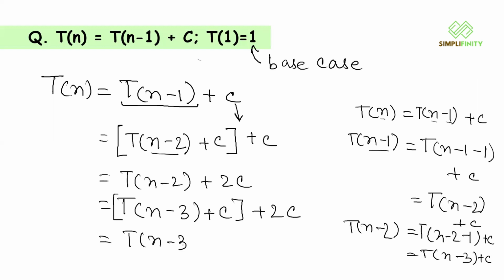Simplifying this, we get 3C. Now the same thing goes with this. If we follow the pattern, we get T of n minus 4 plus C plus 3C. So what we got was T of n minus 4 plus 4C.